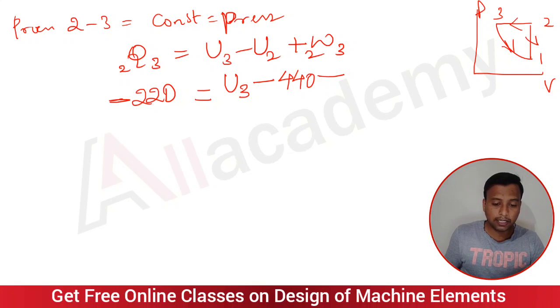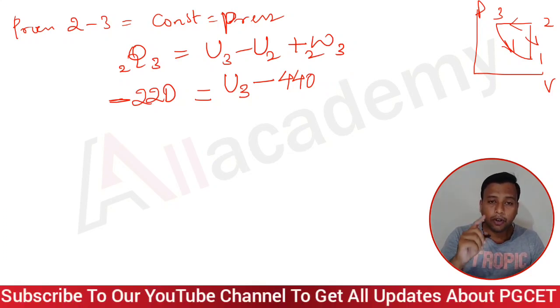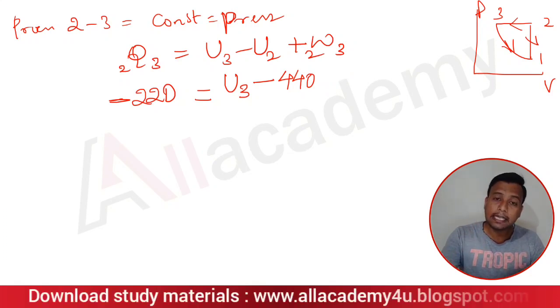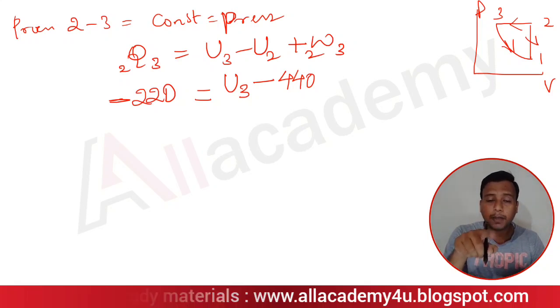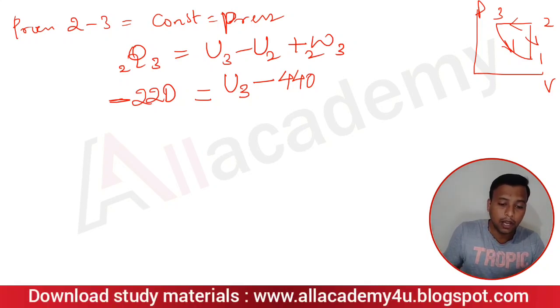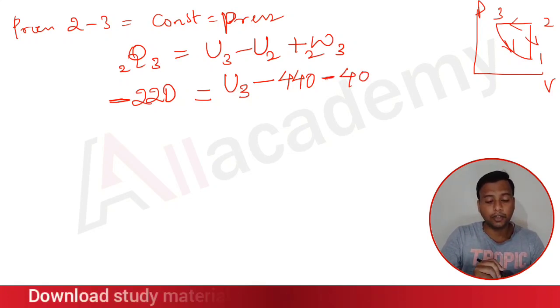So what is that work? It is said that 40 kilojoules of work is done on the system at a constant pressure, so I have to consider it as minus 40 kilojoules.